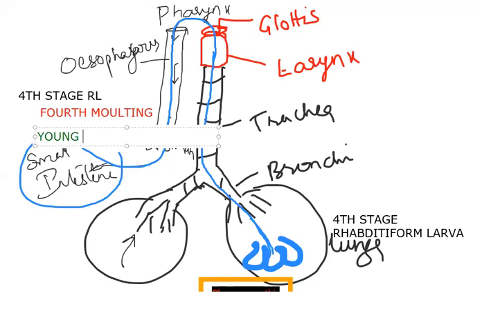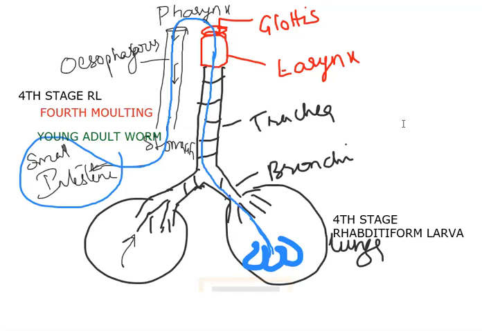After that, this young adult worm is going to develop into an adult worm. So that is the total story of the Ascaris life cycle.